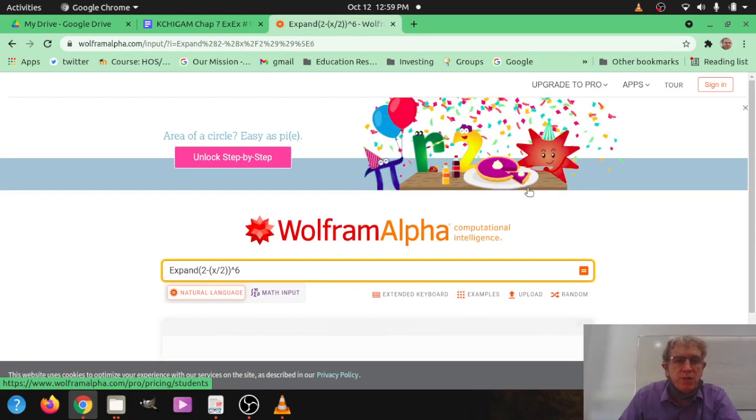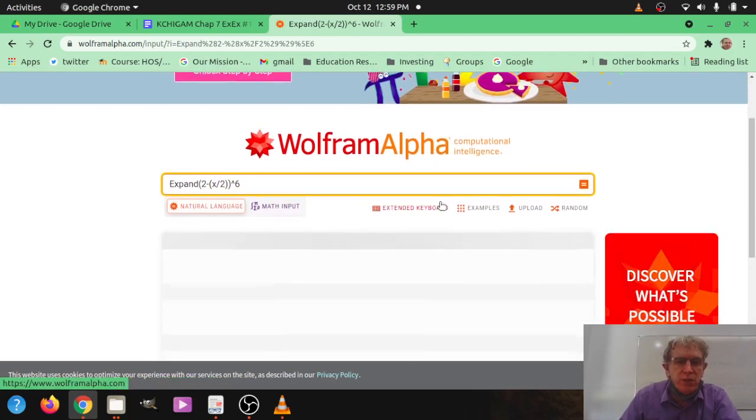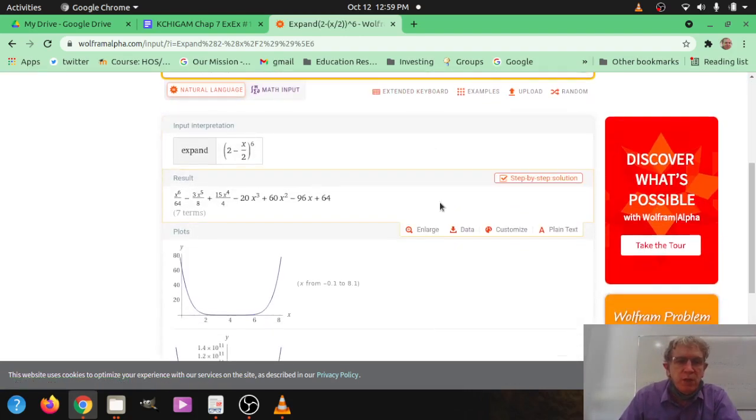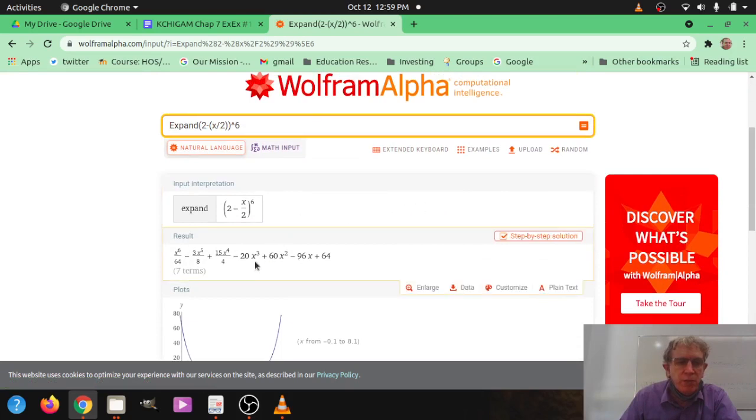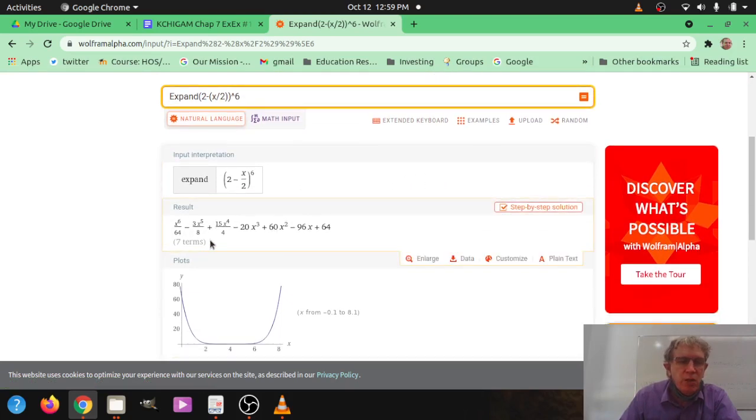Okay, there it is. I hope you can see that. Notice that Wolfram is going to write it in descending powers of x, which is customary, and the question asks for ascending powers of x, which would begin with the x to the 0th term, in other words, the constant term, plus 64.